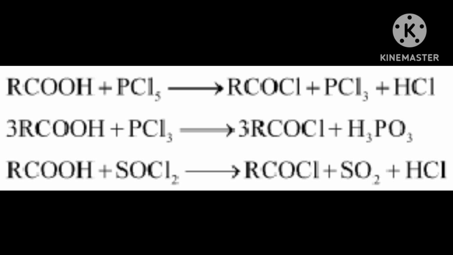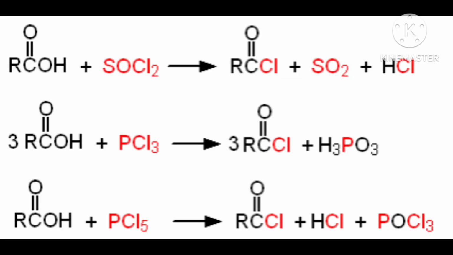Now you can easily understand what will happen. In CH3COOH, H will go as H plus, then O will have a negative charge. The C double bond O will not be disturbed. From that OH, H will go, then oxygen will be negative.